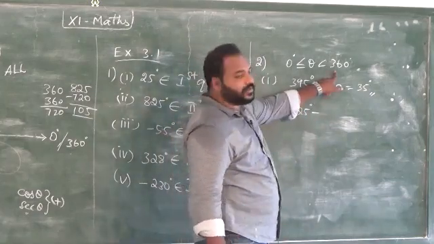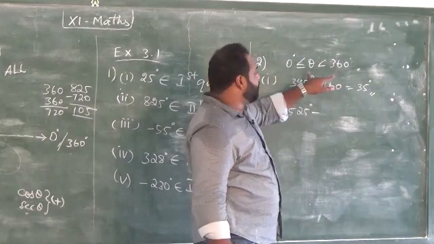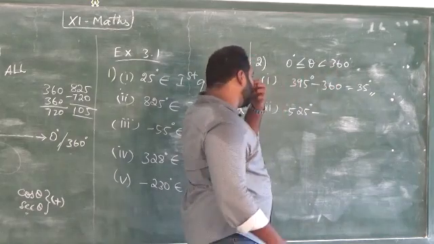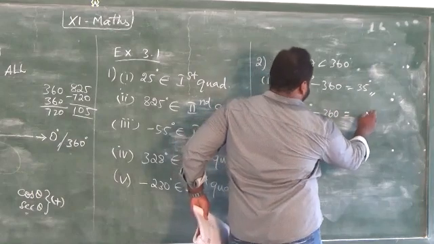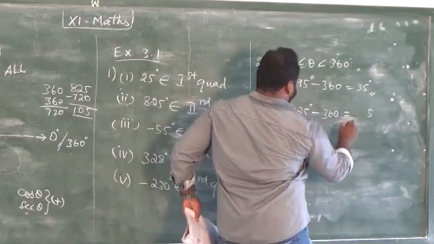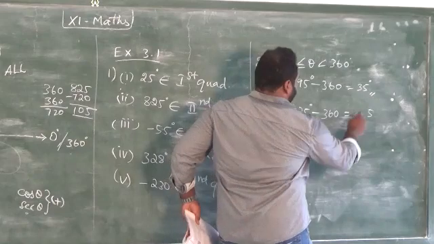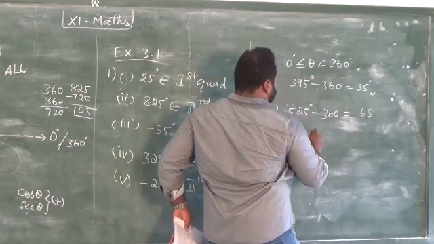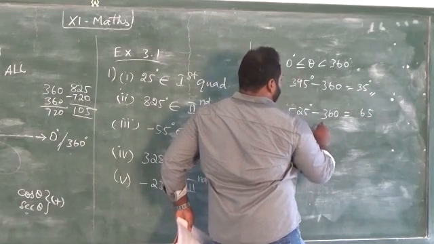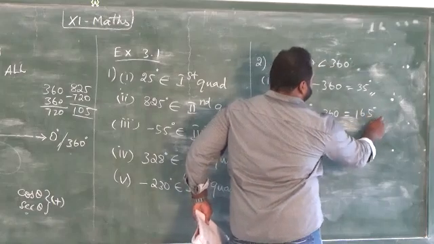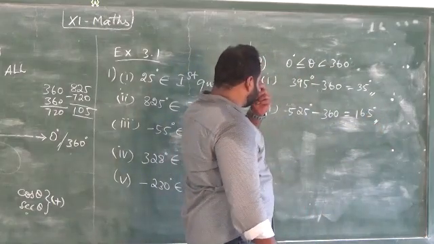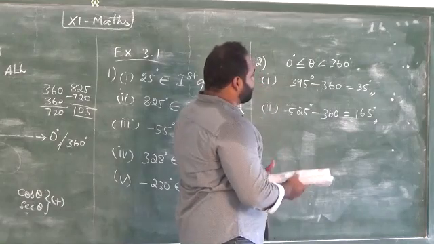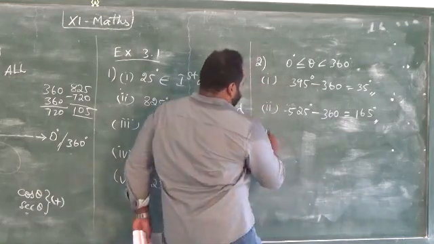They are asking to find only between 0 and 360. So if you subtract 360 here, it is 165 degree. 165 degree is the coterminal angle.